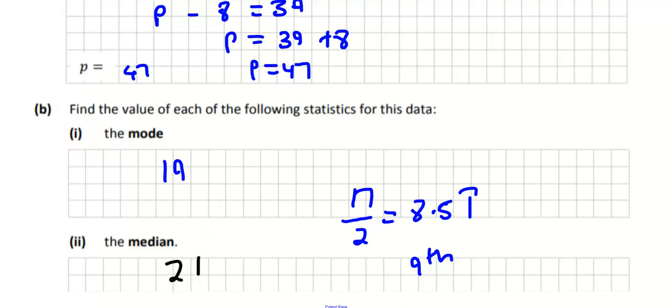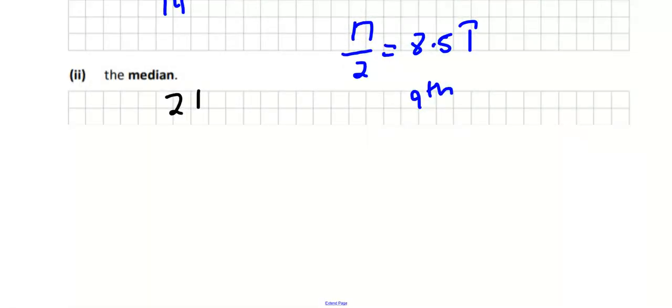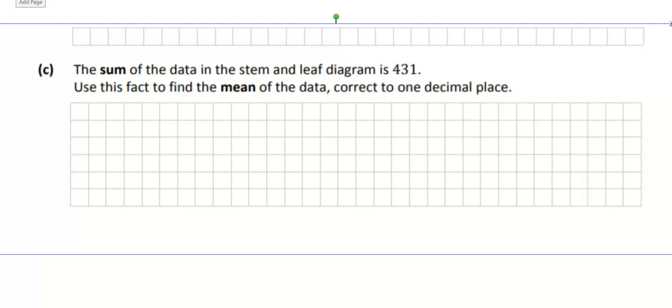Okay, let's move on to the next part. The sum of the data in the stem and leaf diagram is 431. Use this fact to find the mean of the data.